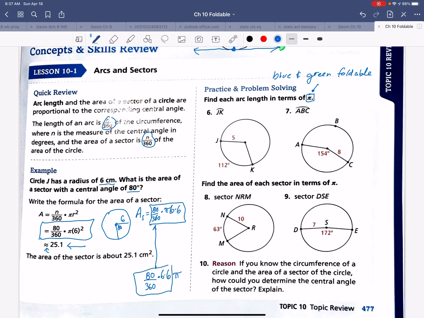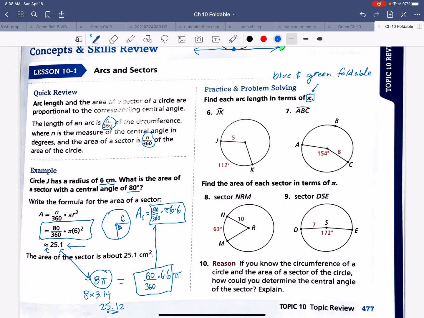What they're saying is don't multiply by pi, just multiply by this stuff. So this last one would have been 80 divided by 360 times 6 times 6. Okay, so this would have been 8 pi. To double check my answer, if I take 8 times 3.14, I get 25.12.